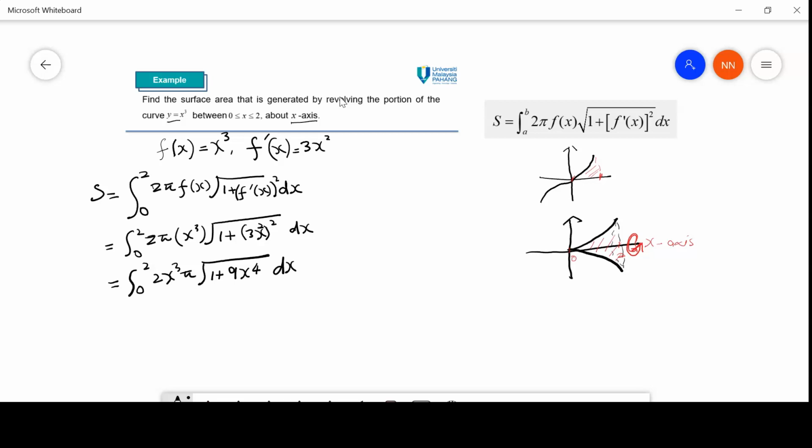So in order to evaluate this integral, we will use the technique of integration, which is integration by substitution.